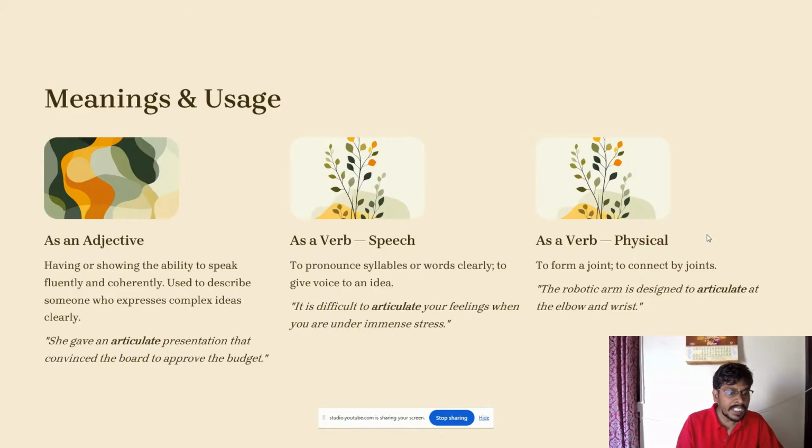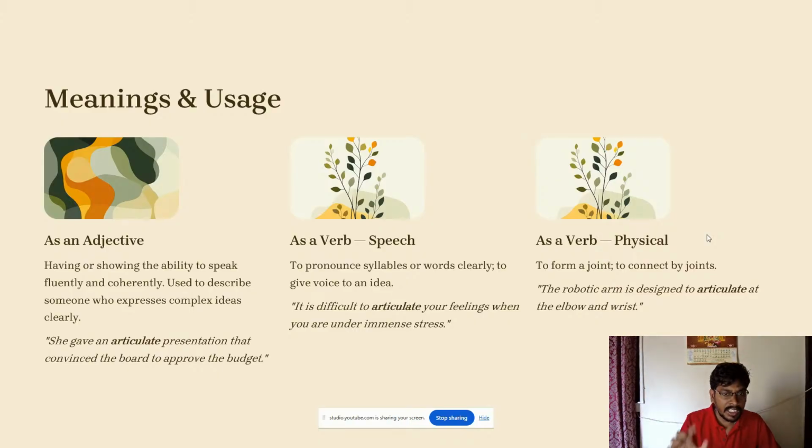The example sentence: she gave an articulate presentation that convinced the board to approve the budget. Articulate presentation means a very clear presentation, a very clear presentation that convinced the board to approve the budget.